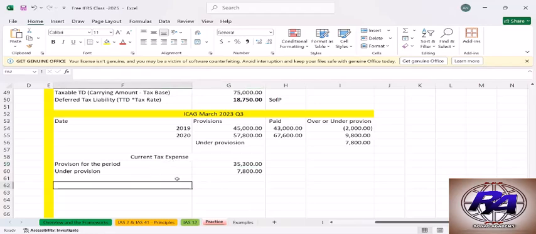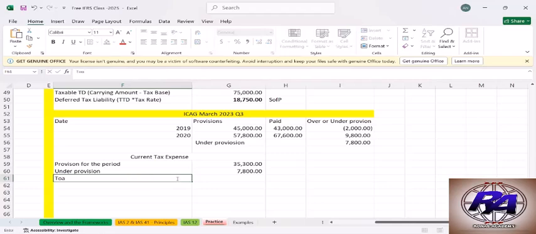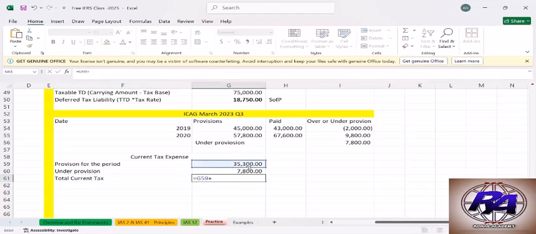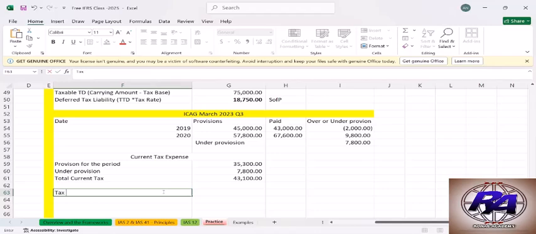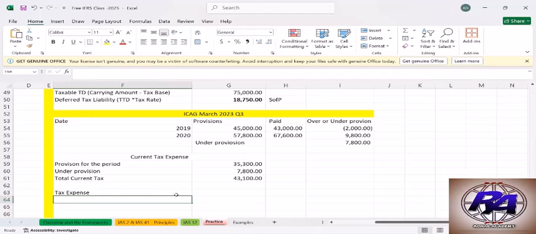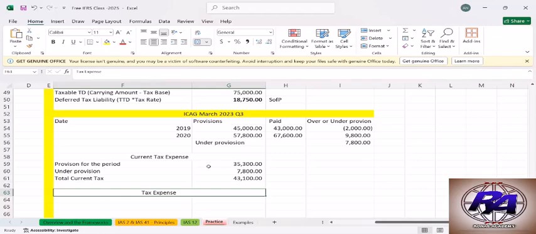So this is going to be total current tax over here, which is the summation of this plus this, right? Now if we need the tax expense for the period, remember the tax expense for the period is going to be the summation of our current tax and our deferred tax, right?